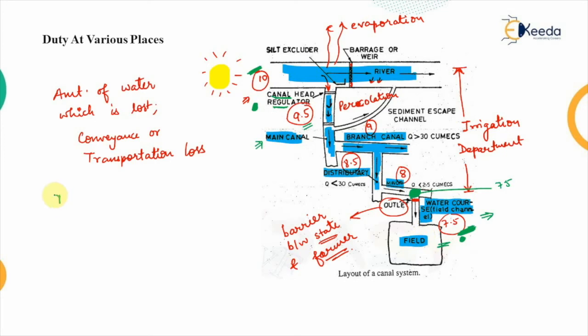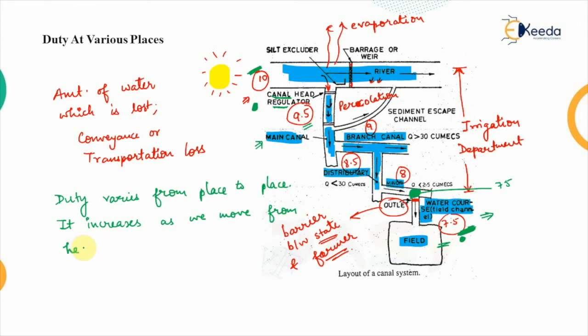So the duty varies from place to place because there will be different amounts of water available, and it increases as we move from the head of the main canal to the field.